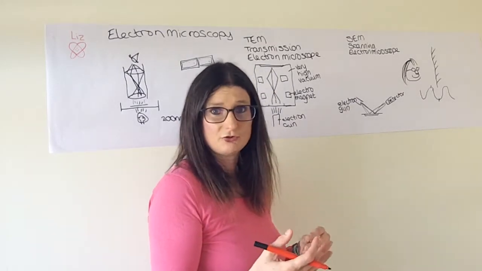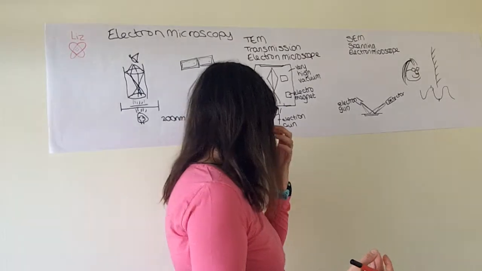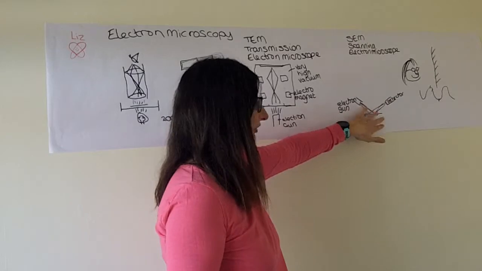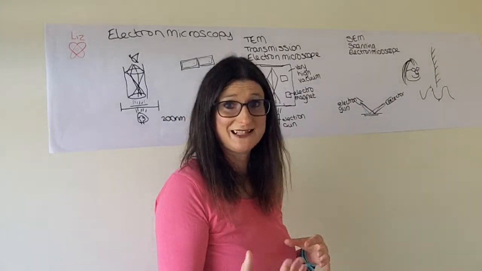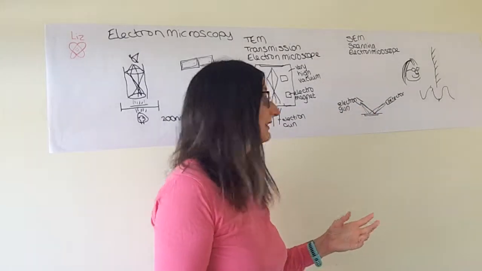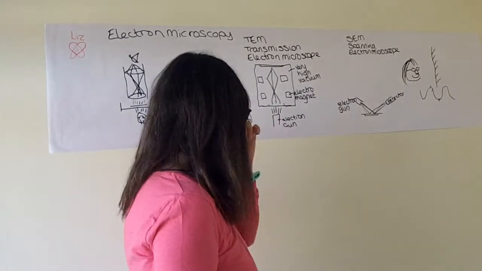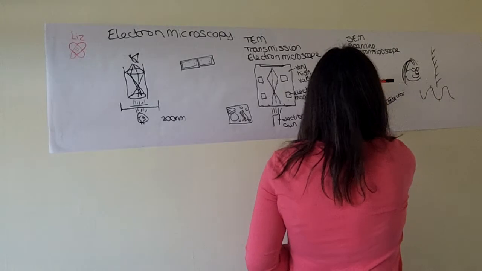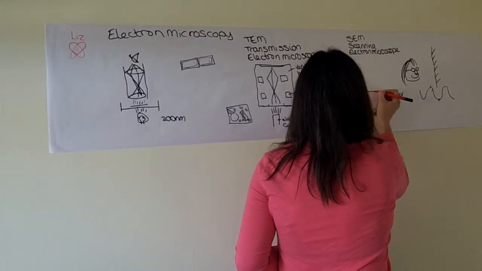So sometimes gold's used, and that enables the electrons to reflect off the surface better, and it prevents it damaging the sample.